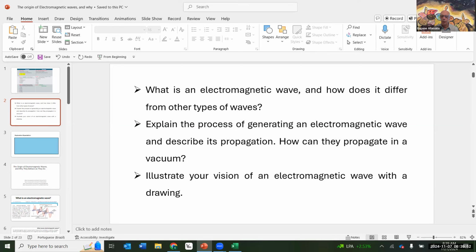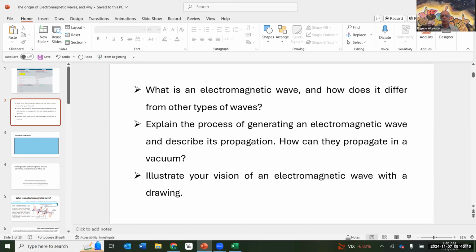That's just a way to describe it. When you look at the textbook, you see the electromagnetic wave formed by two parts, the electric field varying and also the magnetic field varying.